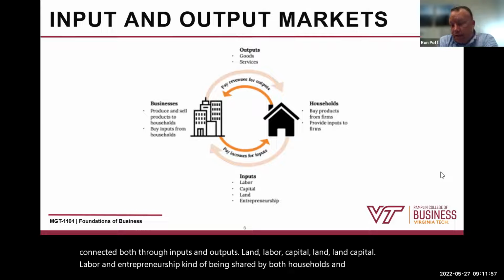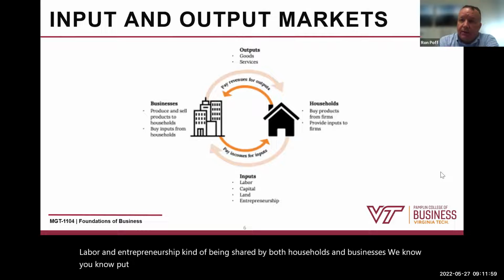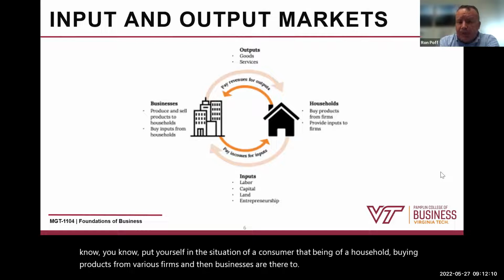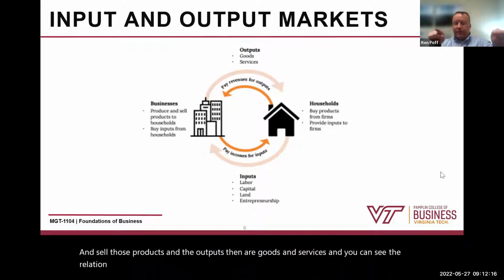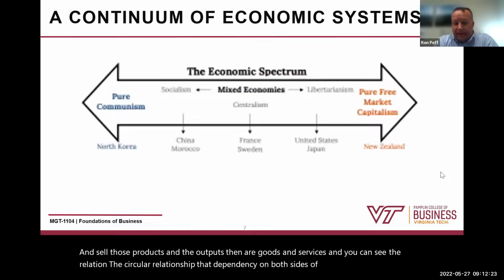Put yourself in the situation of a consumer, that being of a household, buying products from various firms. And then businesses are there to produce and sell those products, and the outputs then are goods and services. And you can see the circular relationship, the dependency on both sides of the market dynamics.